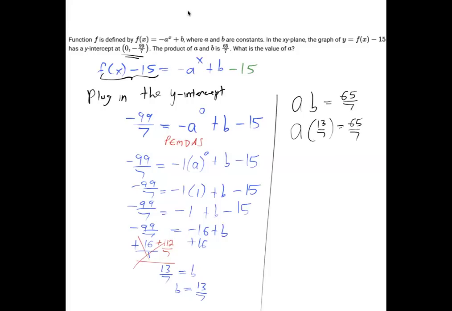And now we can find out what a is by multiplying by the reciprocal, 7 over 13, on both sides. So right now we've got 7 on the top, 7 on the bottom, that cancels. And 65 divided by 13 is 5. So we just figured out that a is 5, and that's our answer.